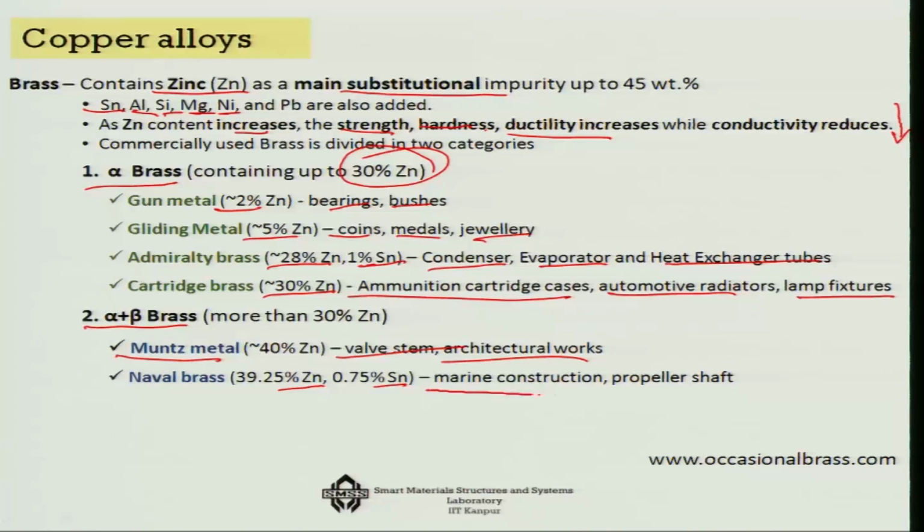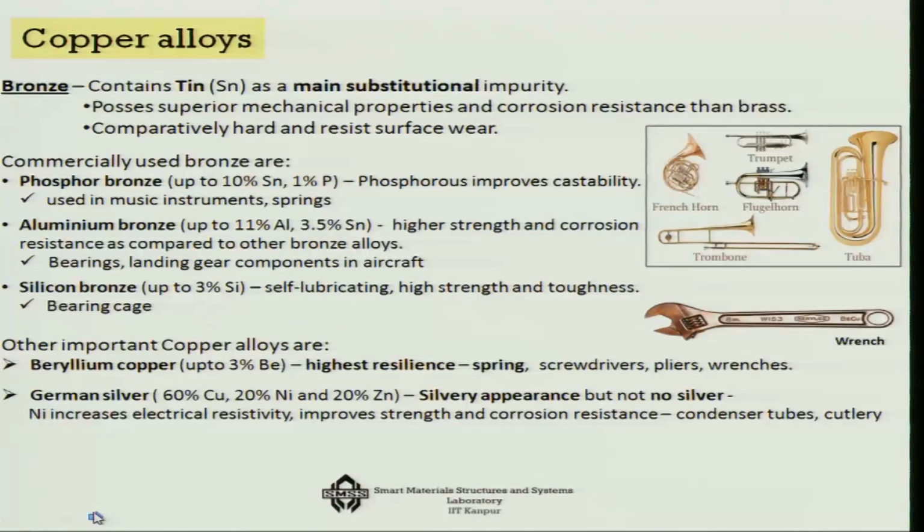You get it for marine construction, propeller shafts, so that these things get a very good corrosion resistance. So, that is about the two types of brasses that are developed from copper.